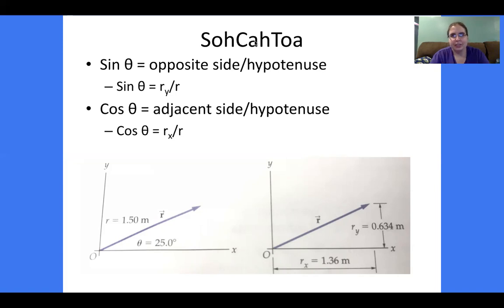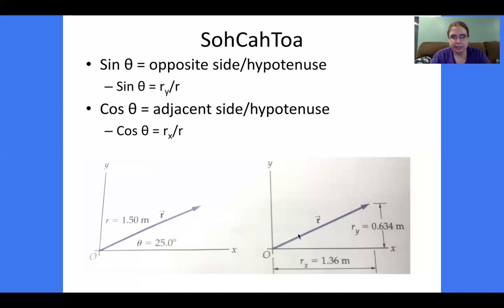Now cosine of the angle equals adjacent side over hypotenuse. So cosine of theta equals the adjacent side over the hypotenuse. Now this opposite and adjacent is referring to the angle. So remember, the angle is here. I'm looking at the picture, I have my mouse moving across it. The angle is there. Opposite that would be the y component.